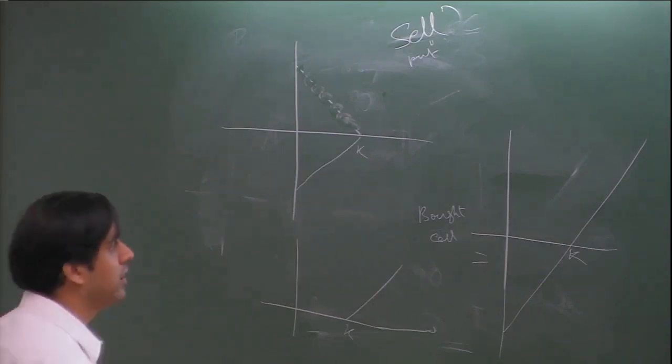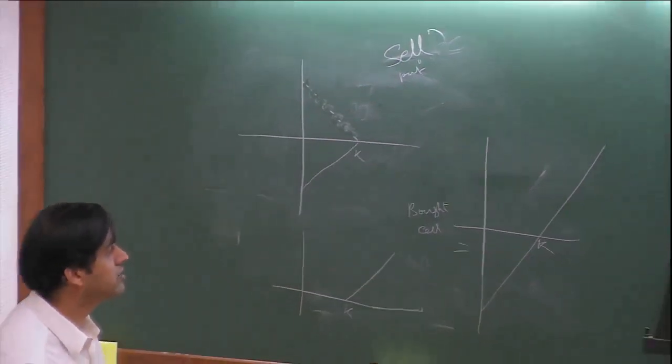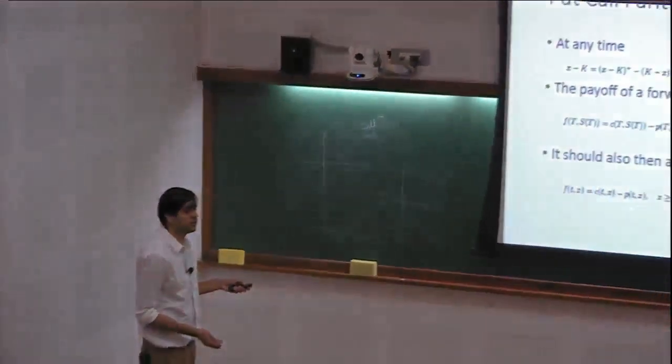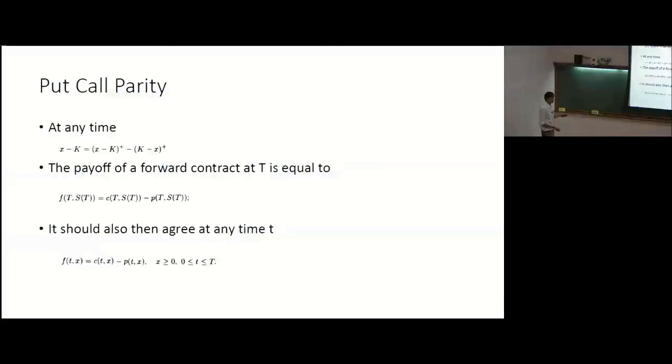This is true at capital T, but because it's a certain equality, you can discount it at any point of time and they should always be equal. So at any point of time, the forward contract value is equal to the call price minus the put price when both call and put are on the same strike. Using this, you can always calculate the value of the put option when you know the value of the call option.